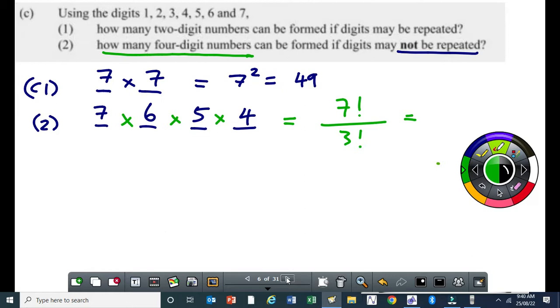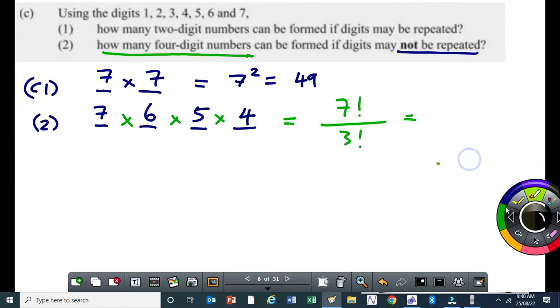But if you don't want to do it this way, just multiply 7 times 6 times 5 times 4, and you get your answer. It will be 840 4-digit numbers.